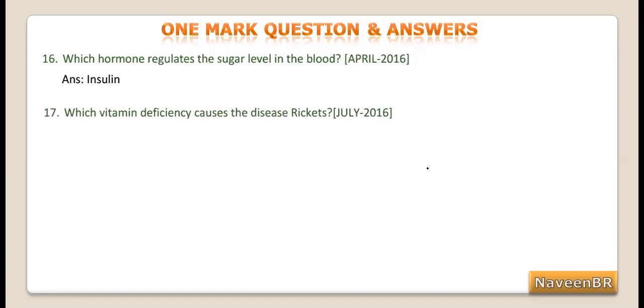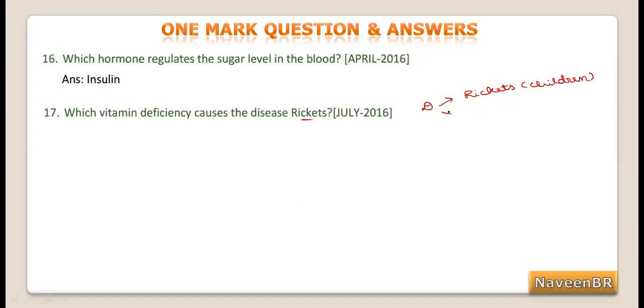Which vitamin deficiency causes the disease rickets? We learned that among the fat soluble vitamins, it is vitamin D. Deformities in the bone seen in children are considered rickets, which is observed only in children.